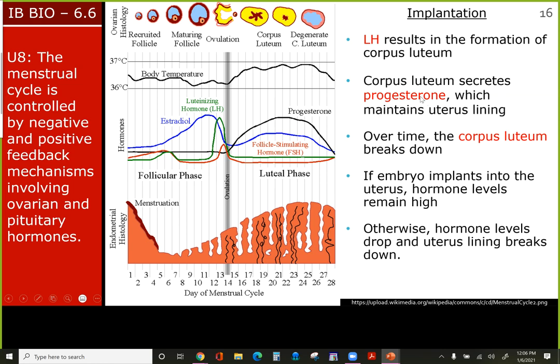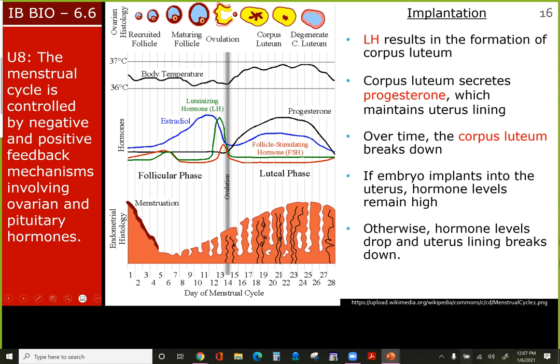It's progesterone that maintains the uterus lining. When you take birth control, you are artificially changing the levels of estrogen and progesterone. And we'll talk more about that later. But progesterone is the thing that maintains your uterine lining.